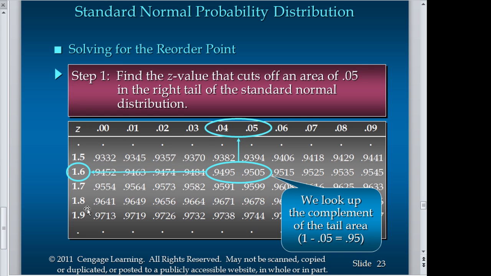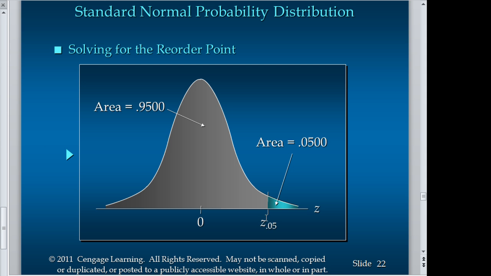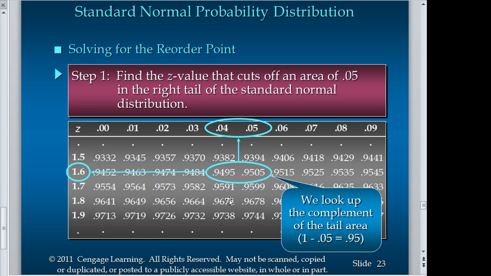Now, if you go back to this table, this is the portion that you need to know. If you want 95% in here, meaning you want the z-value which gives 95% to the left, you're backtracking from the middle portion of the table.